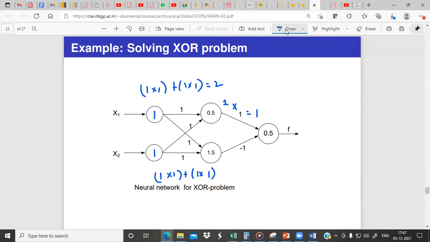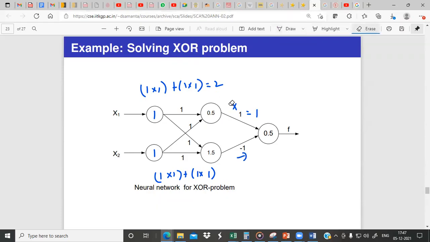Is 2 greater than 1.5? Yes, 2 is greater than 1.5. So the output produced is -1.